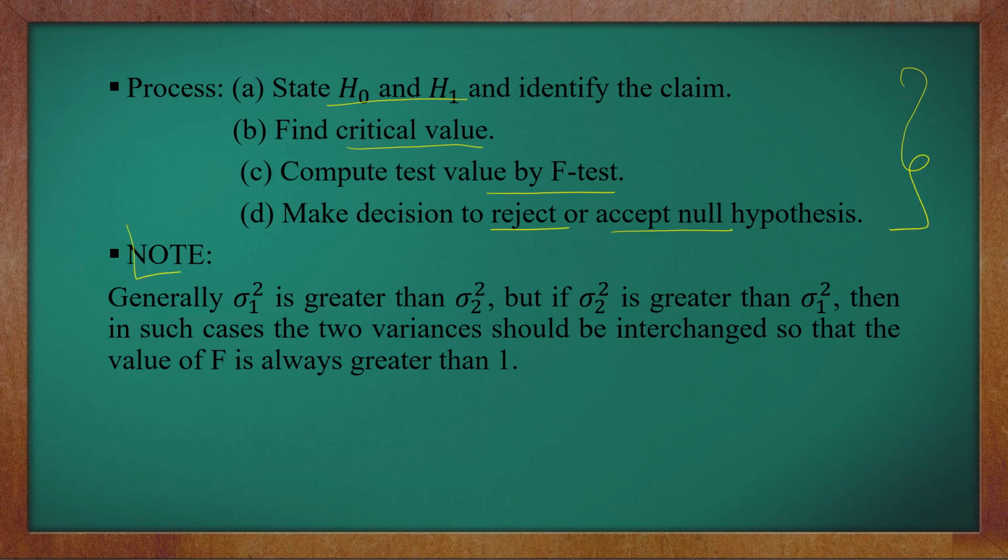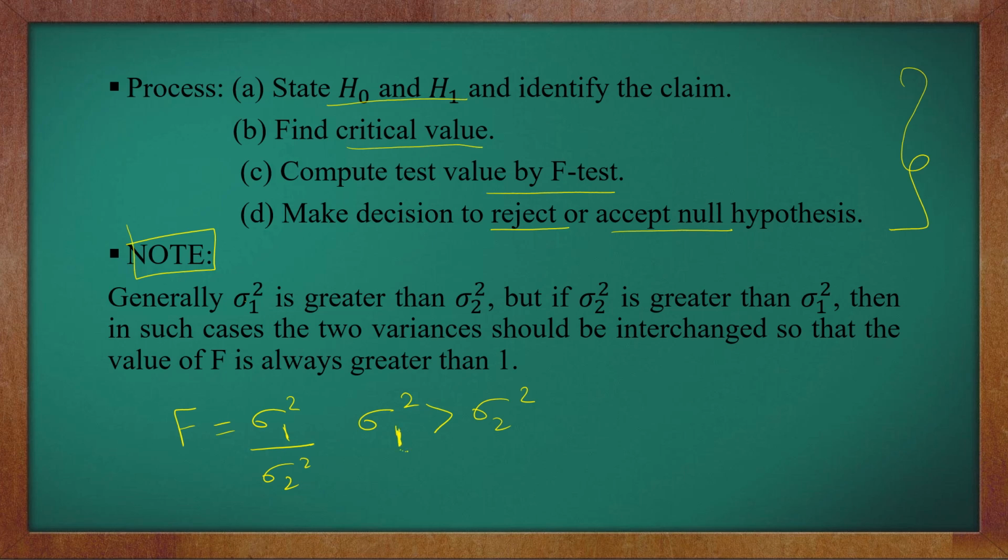Now, one important note, class. What is the formula I have discussed with you? Sigma 1 square upon sigma 2 square. But every time you will not apply this formula. Why not? If your sigma 1 square is greater than sigma 2 square, suppose you are calculating sigma 1 and sigma 2, then whichever term is greater is always in the numerator.